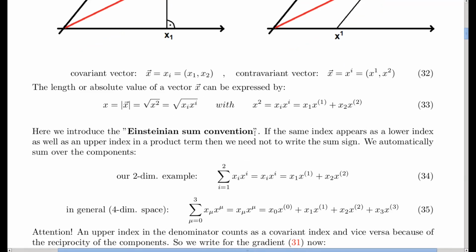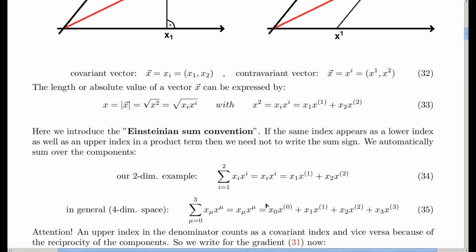That means we don't write a sigma for a sum, like here. We skip this sigma, and if we have such a term with the same index as an upper and as a lower index in one product, then we automatically have to sum over all the components.